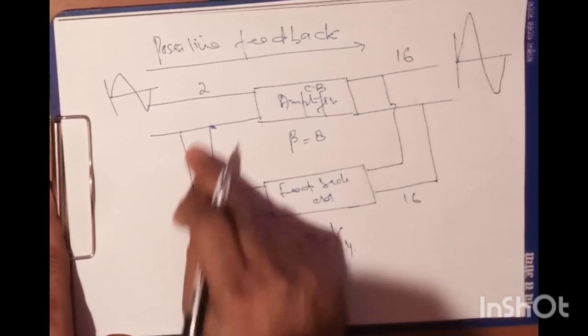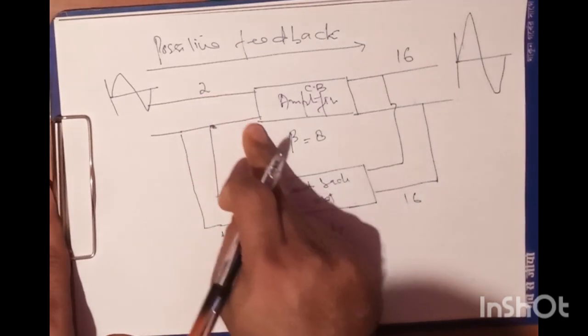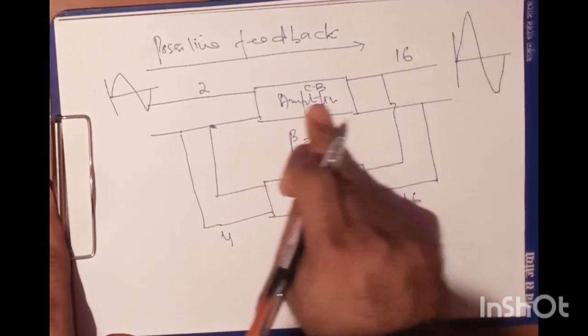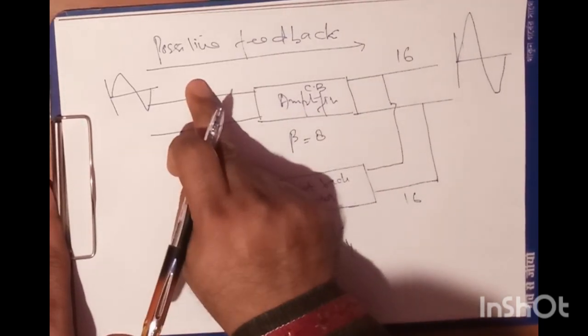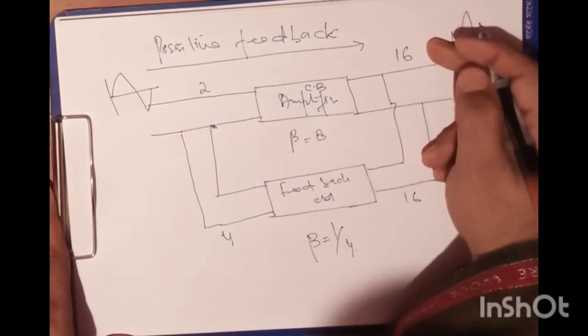So this 4 will be added to 2, and then again you have beta of 8 for this amplifier. So 4 plus 2 is 6, and this 6 into 8 will give us 48 here.